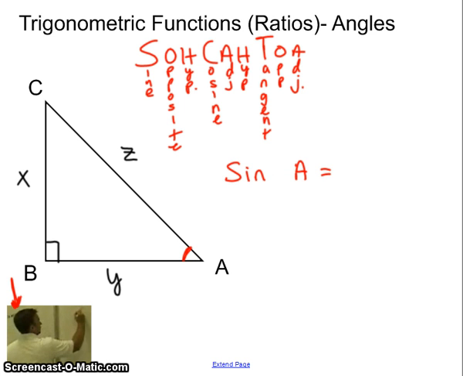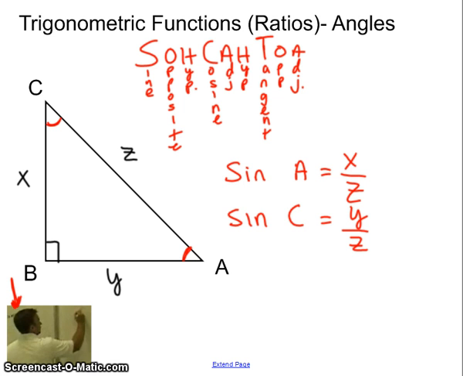The opposite of A is side X, and the hypotenuse is Z. I could also find the measure of angle C by using sine as well. Sine C equals the opposite side, which is Y, over the hypotenuse.